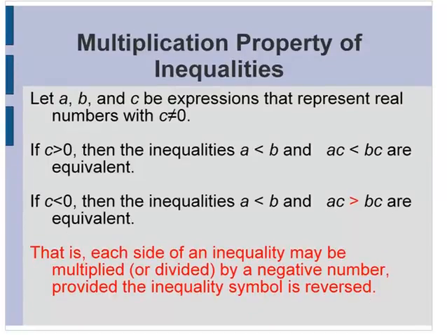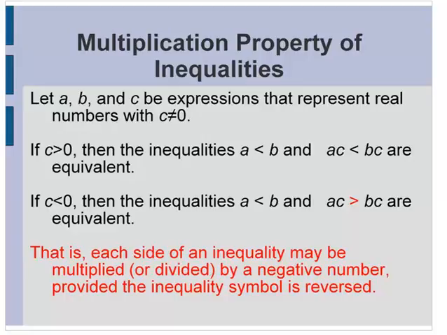However, for multiplication, we have to be careful. If we are multiplying or dividing by a positive number, if c is greater than 0, then we are allowed to multiply both sides by the positive number, and it doesn't change the symbol of inequality. If a is less than b, then a times c is less than b times c.